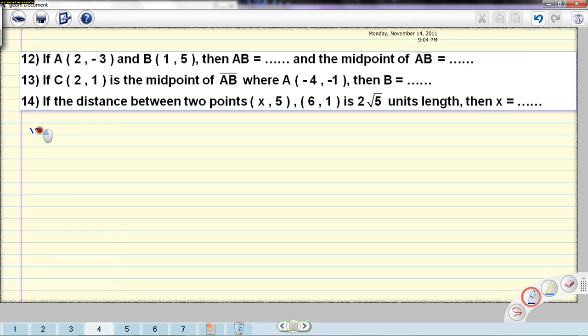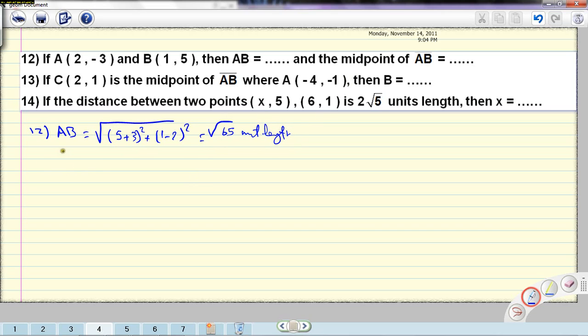Okay, number 12. AB, I'm going to use the distance rule. It's 5 plus 3 to the power of 2 plus 1 minus 2 to the power of 2. And I'm going to get the answer, which is, I think, root 65. Root 65, yes. Unit length.